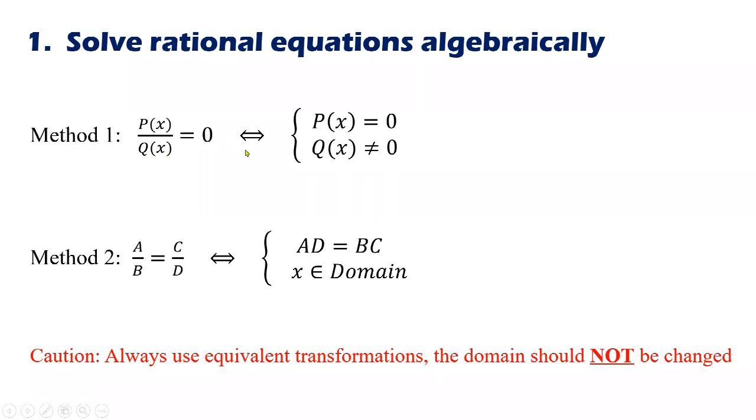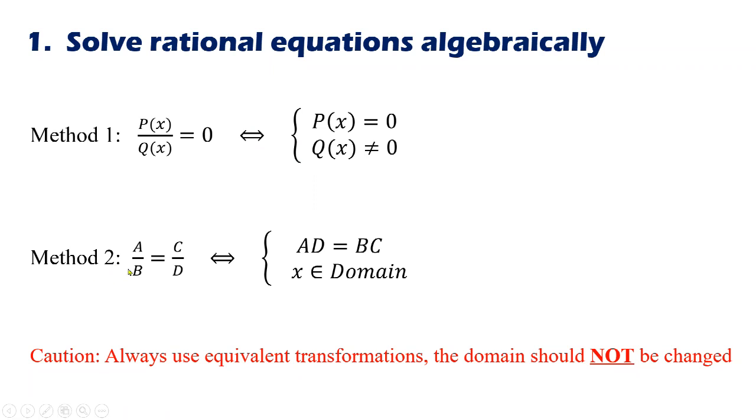This is equivalent to the numerator being 0 and the denominator not being 0. Using this, we can convert the rational equation into two polynomial conditions, and then use the methods for solving polynomial equations.